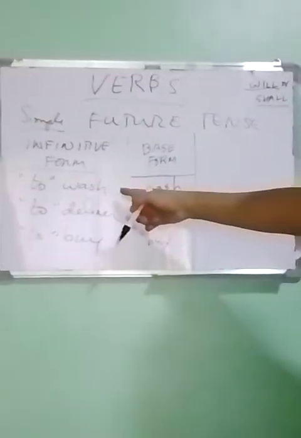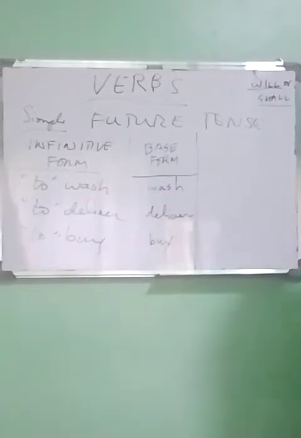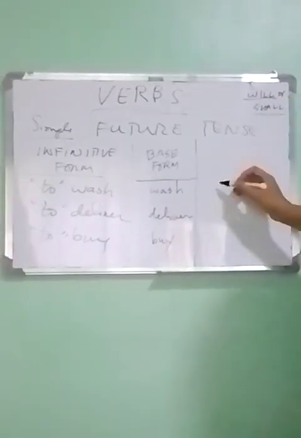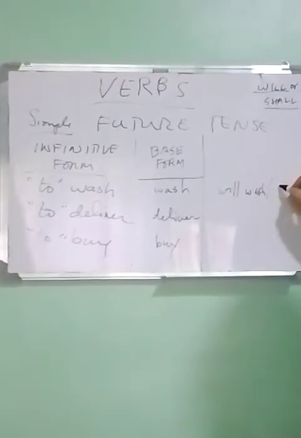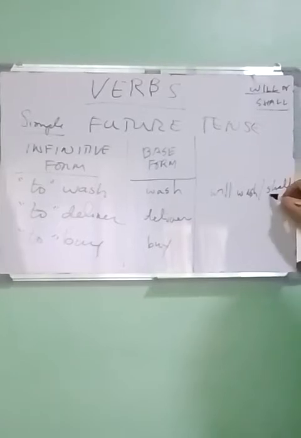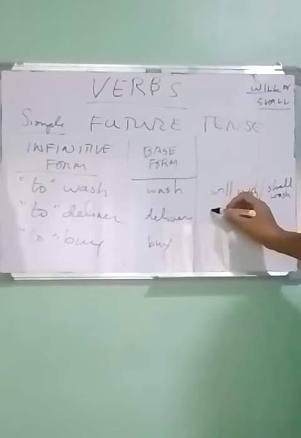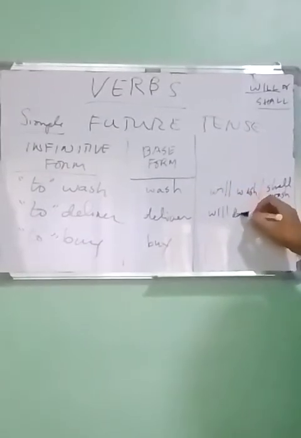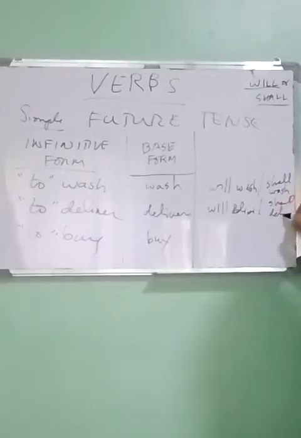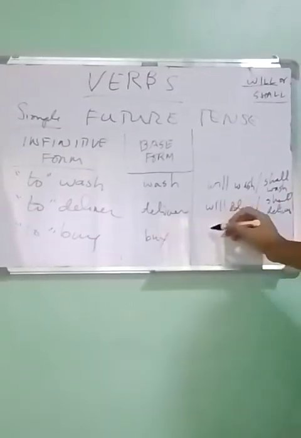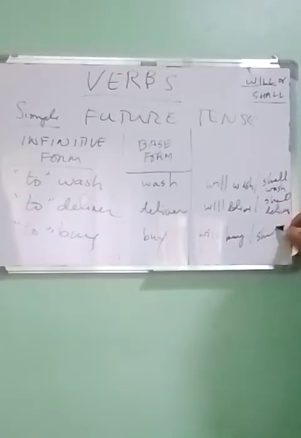So, to form the simple future tense of to wash, you just have to add will wash or shall wash. Both are correct. To deliver: will deliver, or shall deliver. Now to buy: will buy or shall buy.